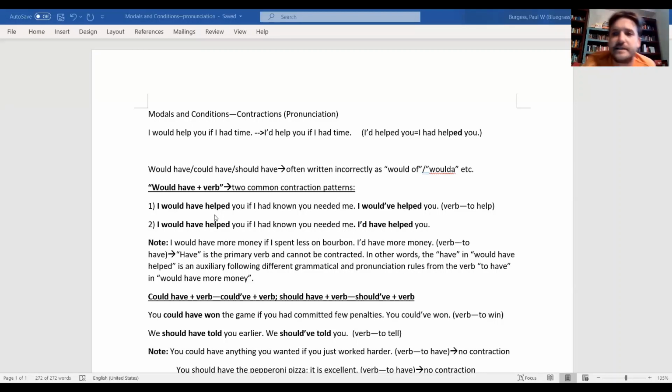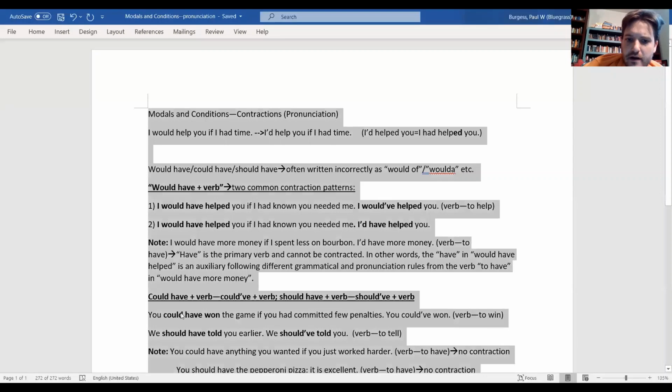Something similar happens with these could words, with the auxiliary could. You could have won the game if you had committed fewer penalties. Nobody speaks that way, at least not native speakers. You could have won the game.